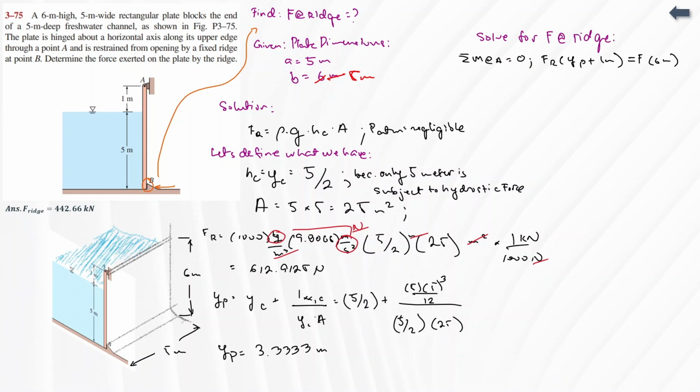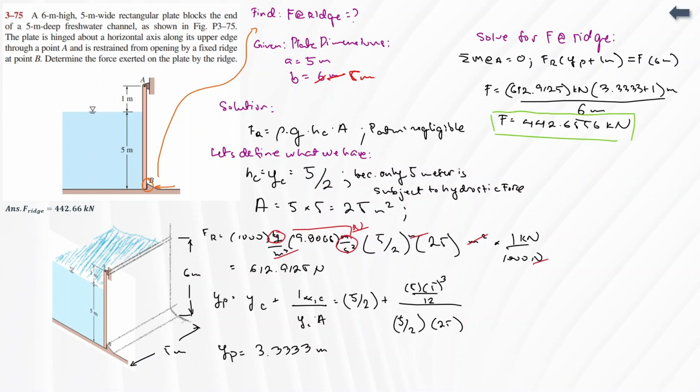To solve for the ridge force, we simply take moments at point A. You'll notice that the perpendicular distance of my resultant force is yp plus the 1 meter, and then minus the ridge force times 6 meters. Isolating the equation and dividing by 6, you would get the force at the ridge at 442.6566 kilonewtons.